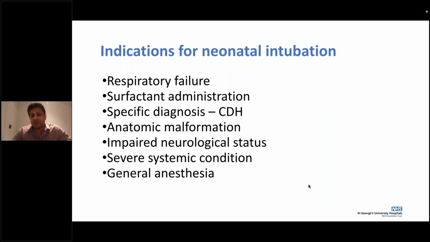You may need to intubate in the initial stages, or if the hypoxic ischemic damage is significant, you may need to intubate for a prolonged period of time and take it from there.